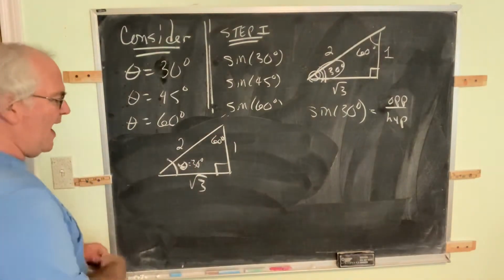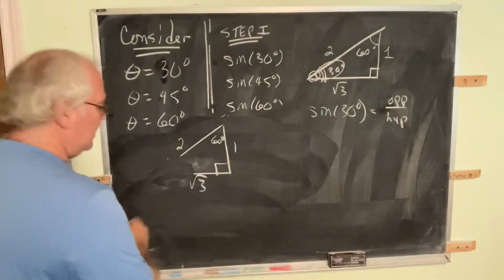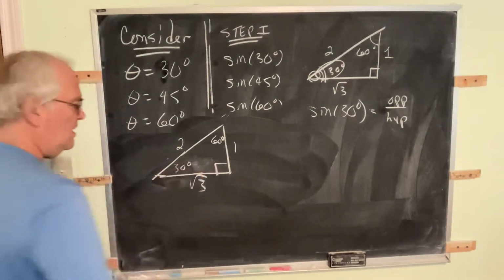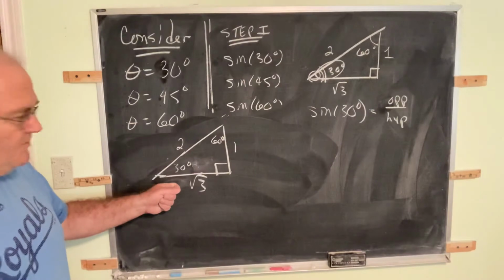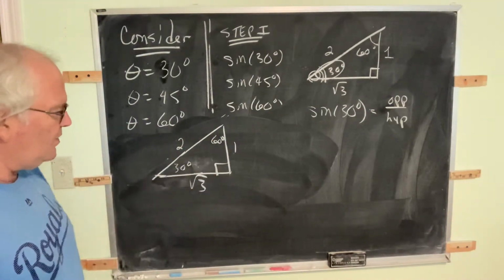In fact, we don't even need this. You should be able to get this picture easily. 30 degrees, 60 degrees. This is 1, this is 2, this is square root 3.